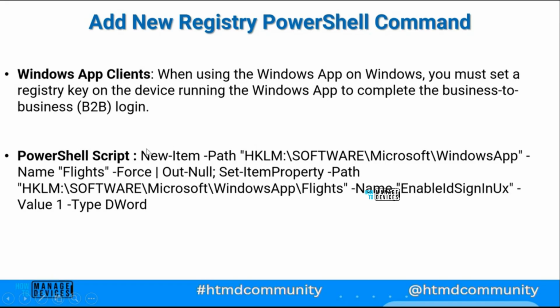What it will do is create a Windows app folder under HKLM, and under Flights you can see EnableIDSignInUX. The binary value will be created and the value is 1. So this is the default value. We will be creating this particular registry key if you are using the Windows app to connect to Cloud PCs.